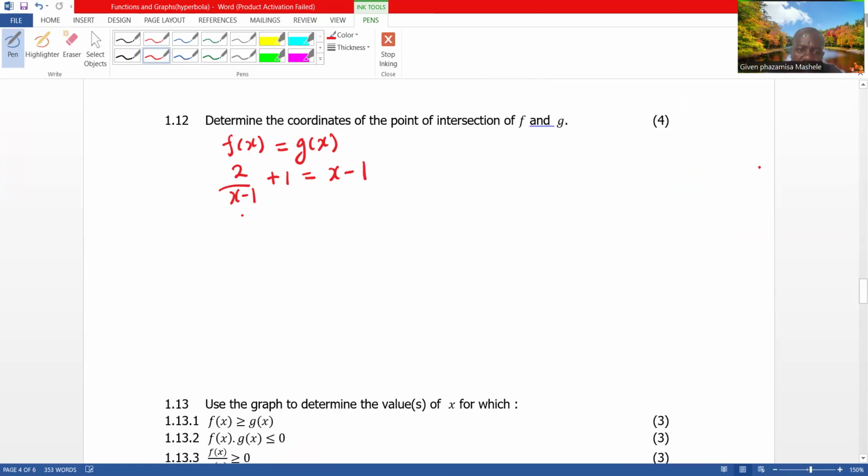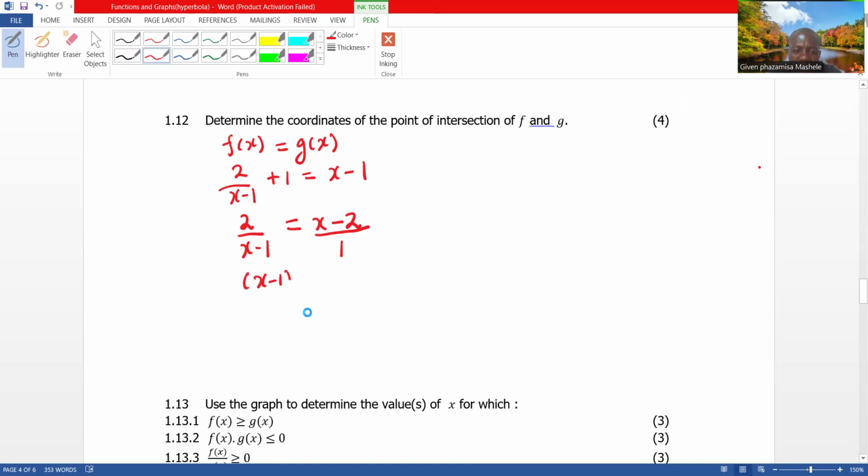We have to simplify the fraction here. We can first transpose the plus 1 to the right-hand side. This will be x minus 1 minus 1, which is x minus 2. I believe you're following, but since this is a fraction, we can divide it by 1 and cross multiply. We're going to have x minus 1 together with x minus 2. This equals 2.